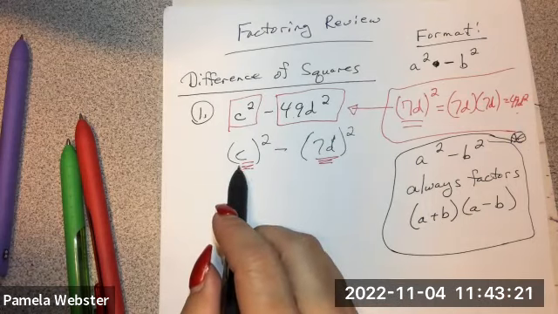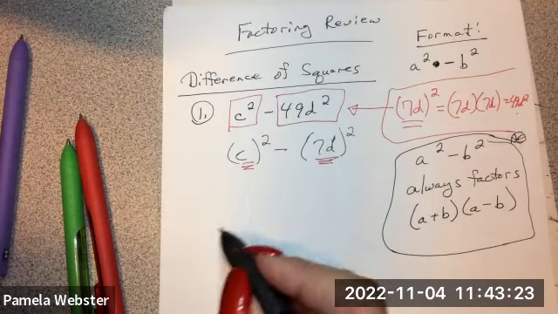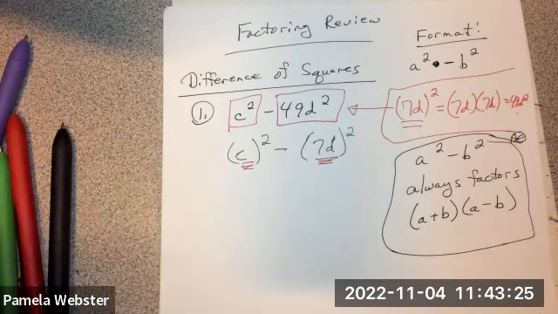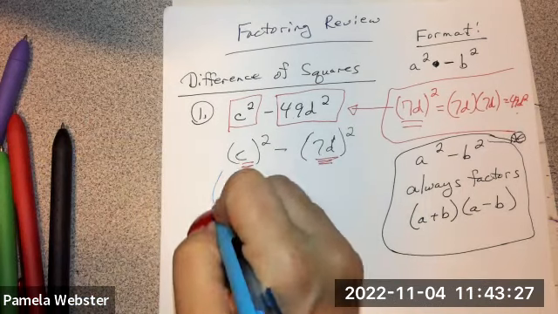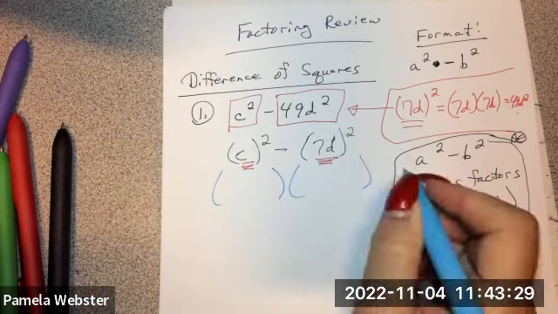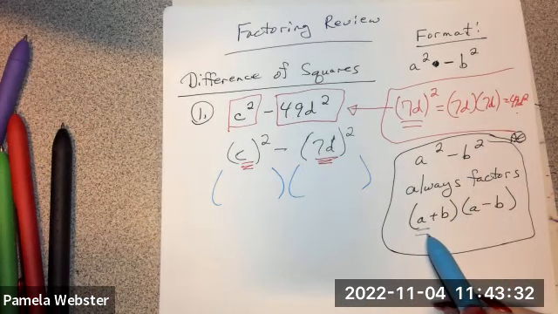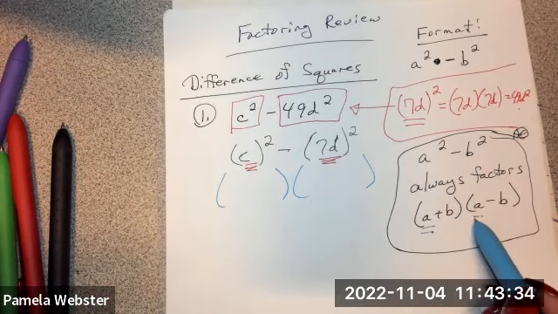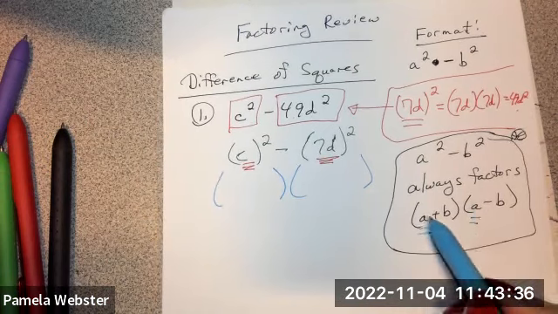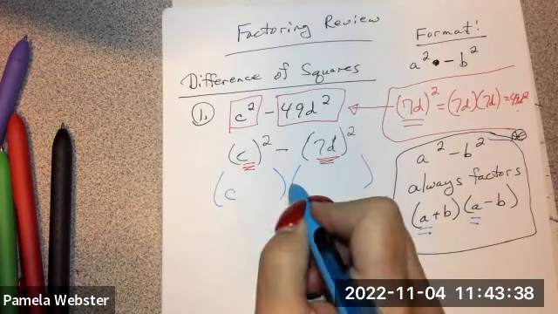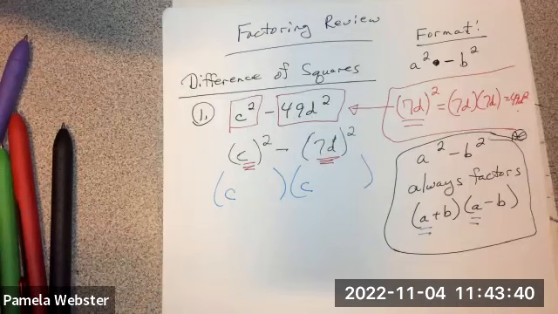So that's why I need to know what's the first thing being squared. Here it's a c. So I can go directly into my parentheses because the first thing is always the first thing that's being squared. And you see it at the front of both of those sets of parentheses. So this is going to be a c and a c. And the last thing is always whatever was being squared second.